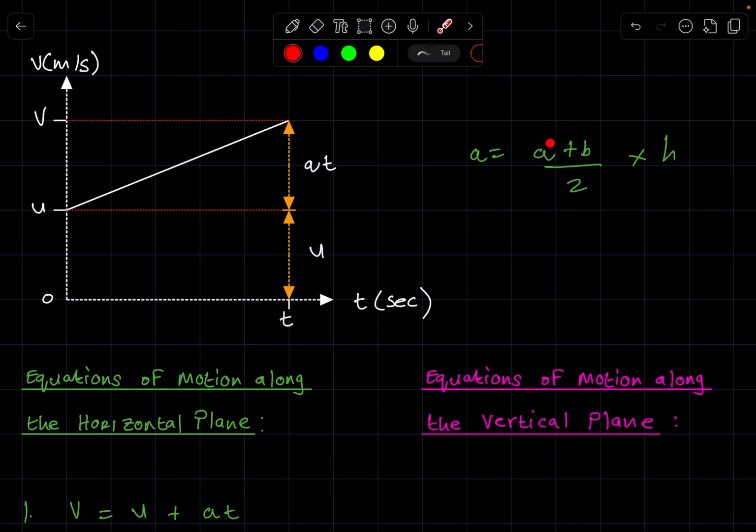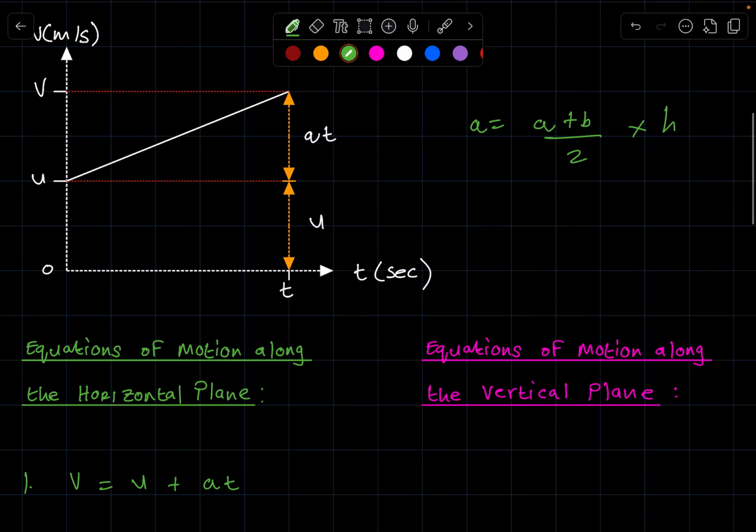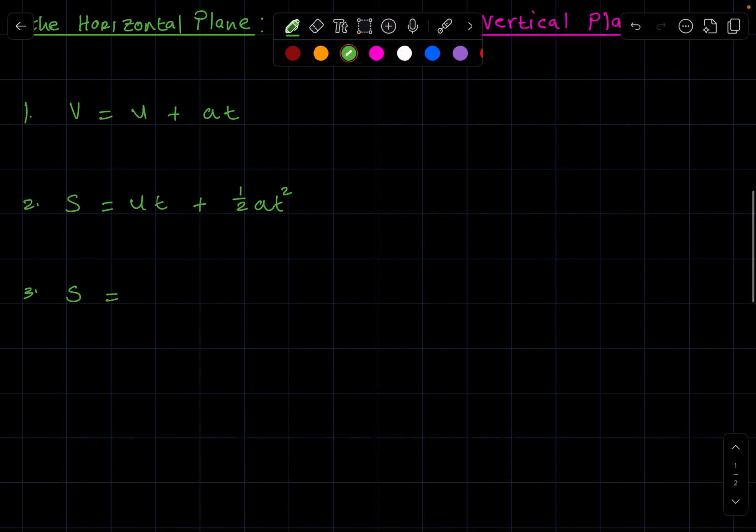Sides a and b represent the two sides that are parallel to each other, which in this case would be this side and this side. From here to there is u, from here to there is v, divided by 2 times the height, and we take this side as the height. So from here to there is t. And that is how the other formula of the equations of motion comes about.